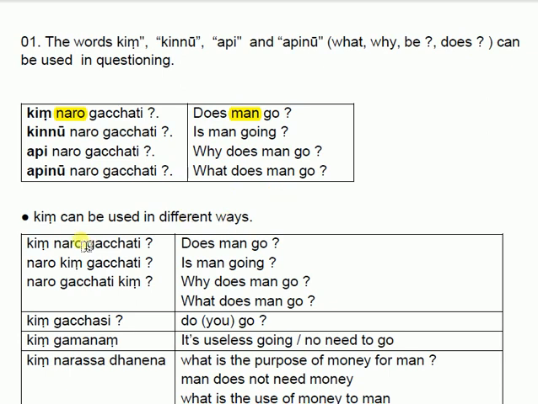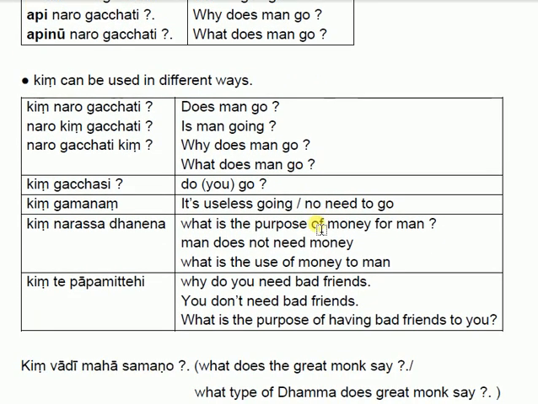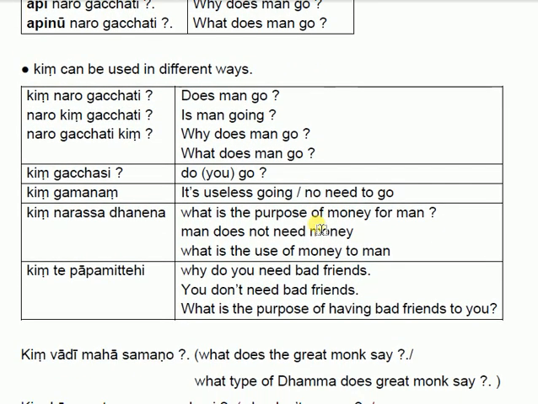And kim can be used in different ways. Let's see what they are. Here kim naro, you see, naro means man. Kim naro gacchati, or naro kim gacchati, or naro gacchati kim.